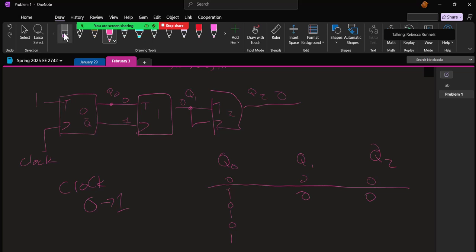Okay, so now at our next clock cycle, let's see what happened. This is 1. This is 0. Well, this one, the clock is at 0, so Q1, nothing happened. The clock went from 1 to 0, so nothing happened. Did the clock do anything here? No, so nothing happened. Okay, so now let's go to the next change.